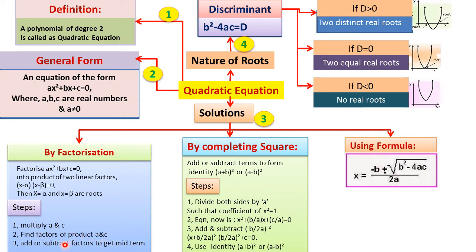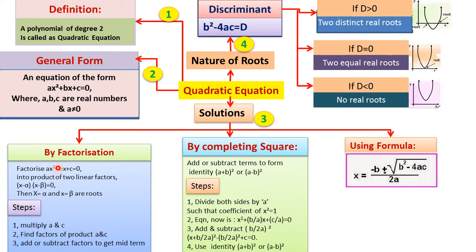Then, once we get the different factors, try adding and subtracting these factors such that we get the midterm, that is, equal to b. That's how we will be able to factorize. The two factors we get are alpha and beta, and those are nothing but the roots of the equation.